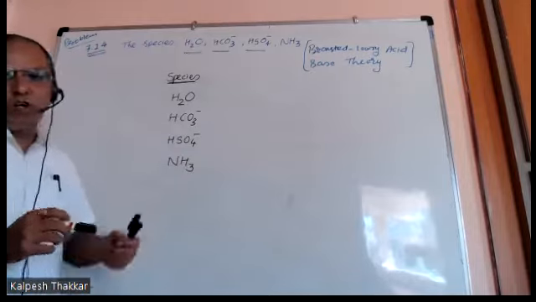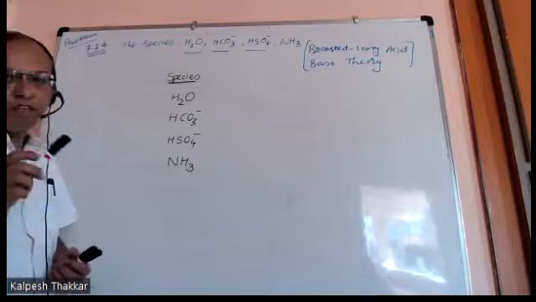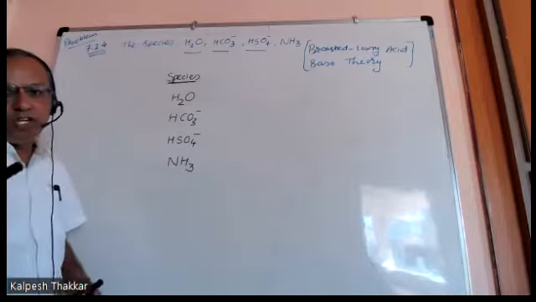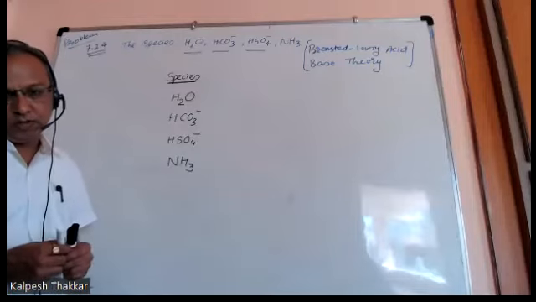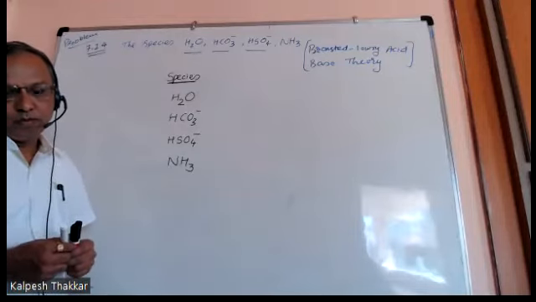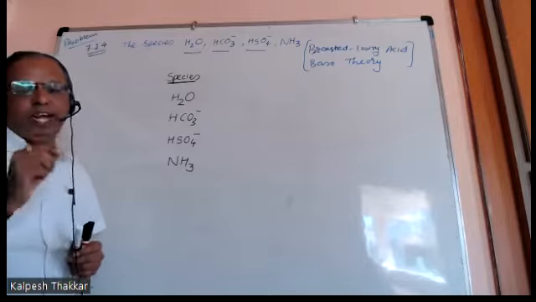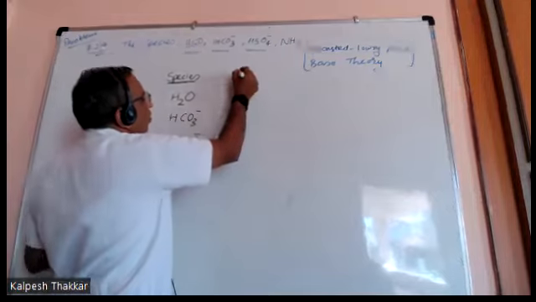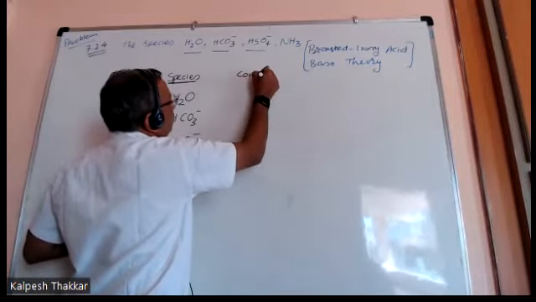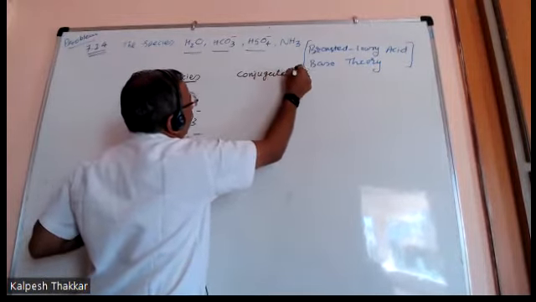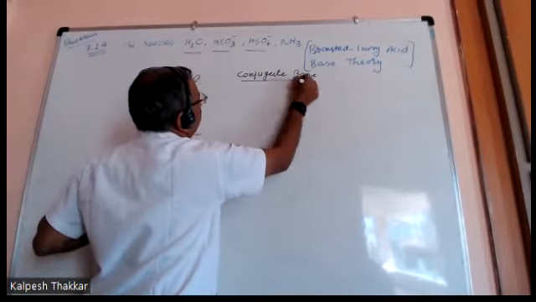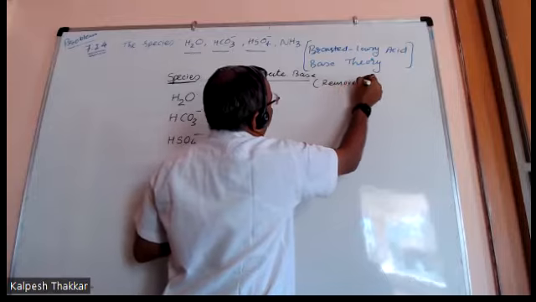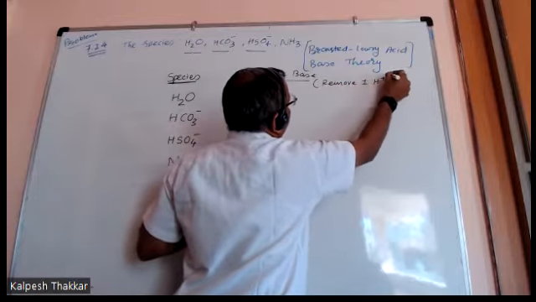As per Bronsted-Lowry acid-base theory, when we want to convert any species into its conjugate base, we have to remove one H plus. You have to keep in mind, remove one H plus.